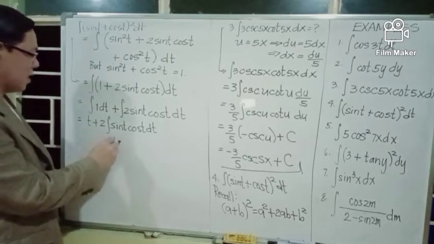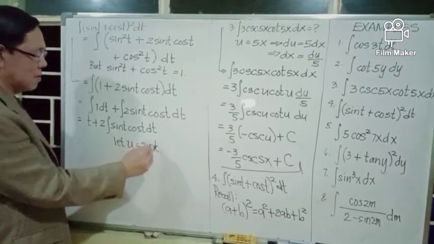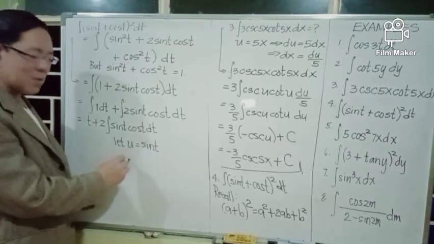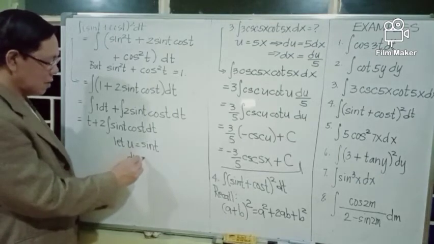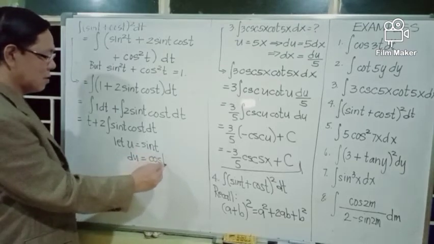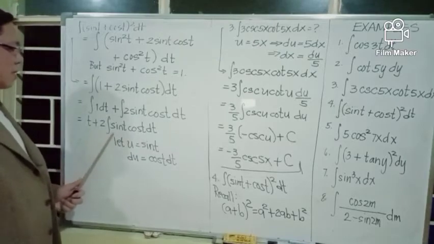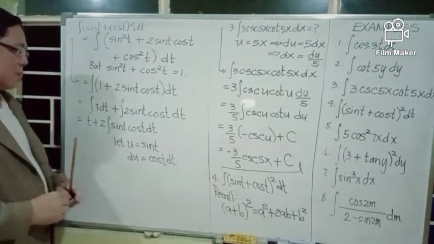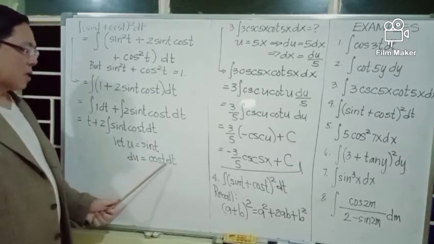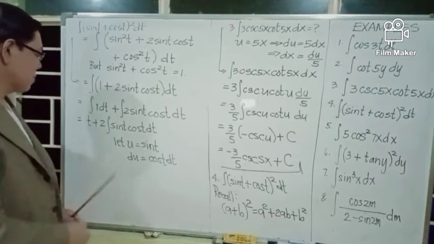Hence, it is better to let u, for the second term, be equal to sine t, and we differentiate both sides. Derivative of u is 1 multiplied by du. The derivative of sine t is cosine t multiplied by dt. For the second term, we replace sine t with u, and the product cosine t dt we replace with du.